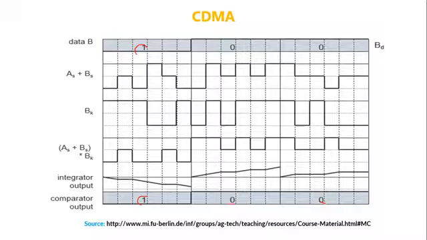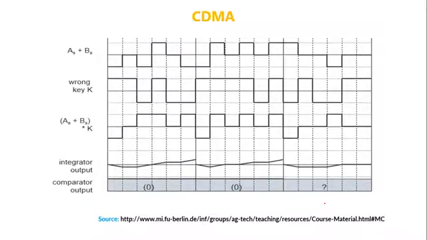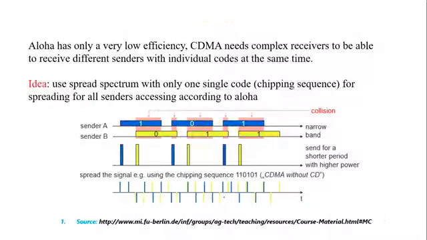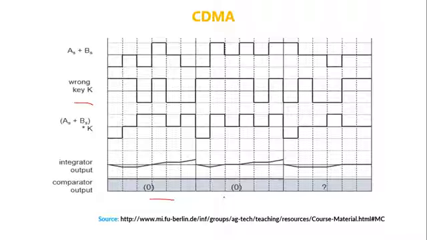But this cannot work if the key is wrong. If the key is wrong, ultimately it will not create the proper output. So here everything depends on the key. There should be a proper synchronization of the key between the sender and the receiver.